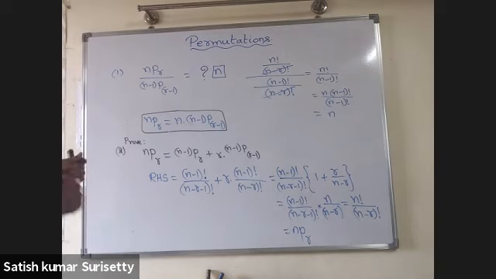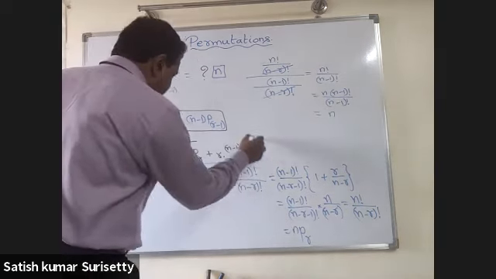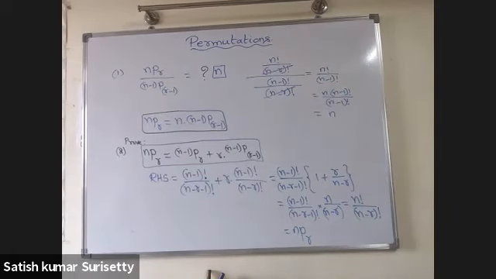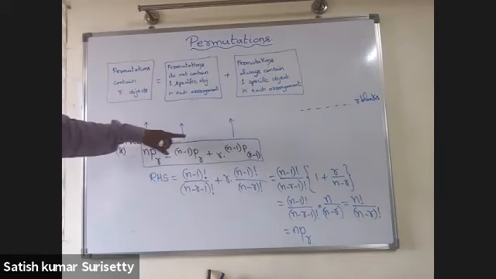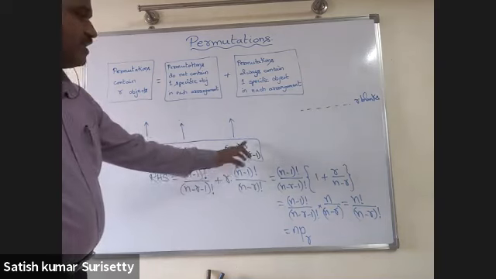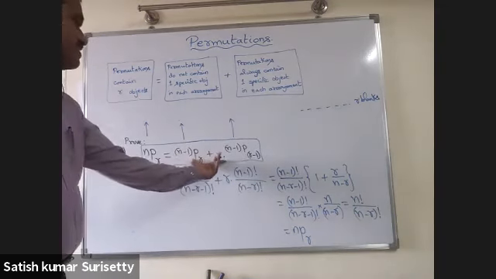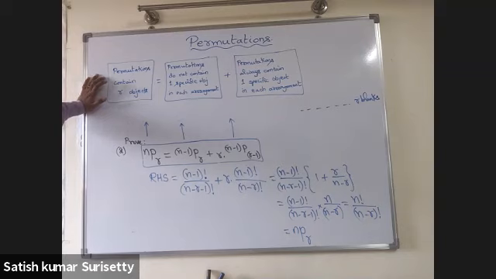Now think theoretically about what the explanation for this can be. nPr equals n minus 1 Pr plus r into n minus 1 P r minus 1. The left side corresponds to permutations of n different objects taken r at a time. That means each arrangement must have r objects.